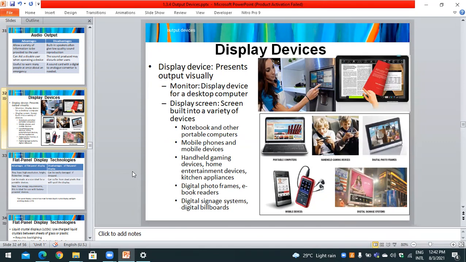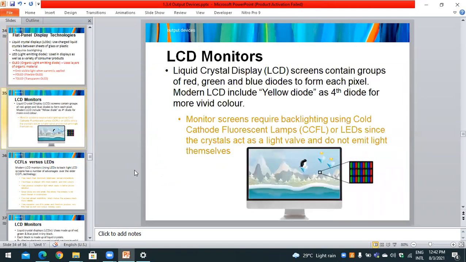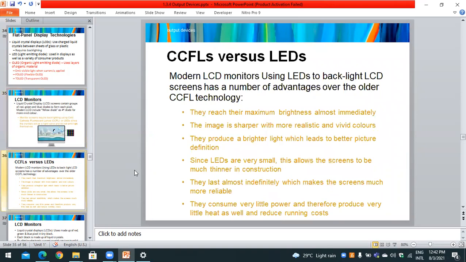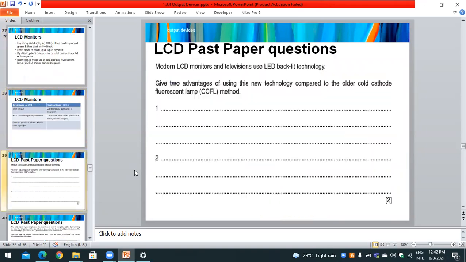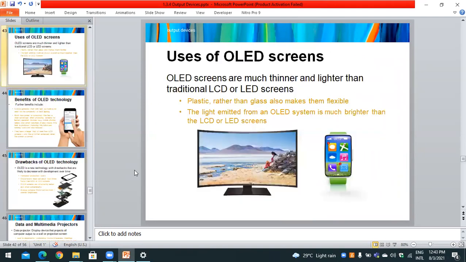We are going to talk about the display devices. We do have a few display devices for output, and the one you have already covered, as you said, is the flat display technology. The LCD monitor and the DLP, or LCD and LED monitors, we must have covered.